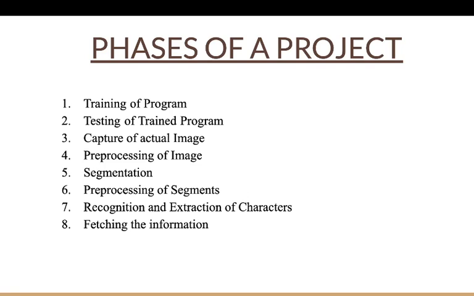Once the testing is done, we capture the image that we need to recognize. Preprocessing and segmentation take place, and the result is that we extract the characters, and then we fetch the information from the registration number of the car.